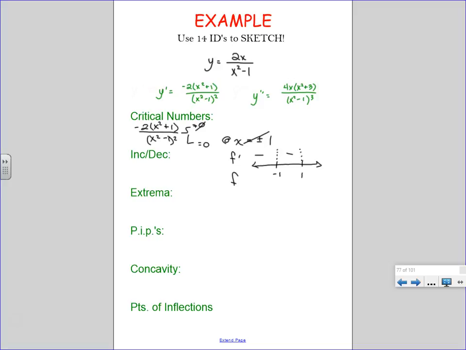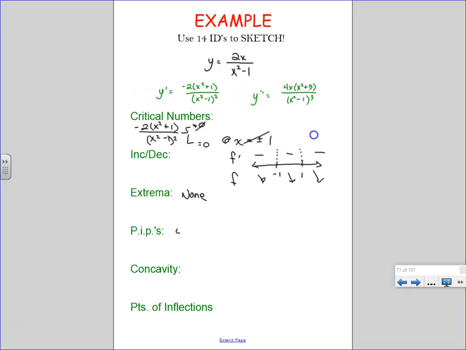If I plug in 2, positive times a negative over a positive. Well, that's not very exciting. What's it doing? Strictly decreasing. Relative extrema. Do we have any? No.